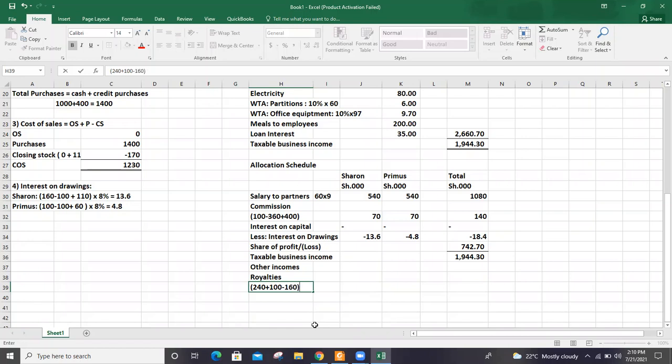So the total royalties for the year is 180.